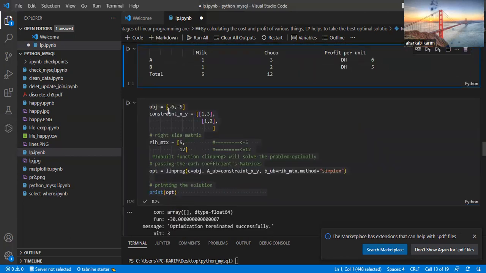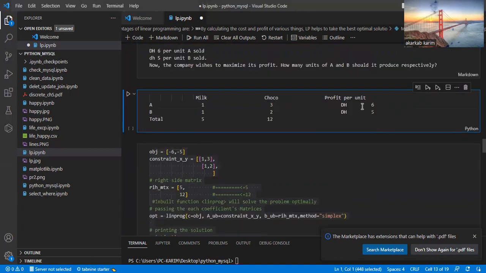So now we pass to our problem here. The objective function is minus 6 and minus 5 here, because to maximize this function, z equal to 6x plus 5y, we negate it.